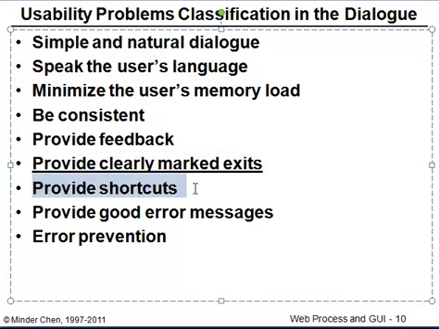And the PF key is a shortcut that allows the user to perform certain frequently performed functions more quickly. And the error message, if any, should be easy to understand and try to prevent the user from making errors, like the nuclear power plant case that we mentioned before.